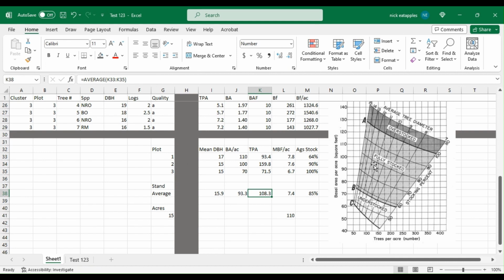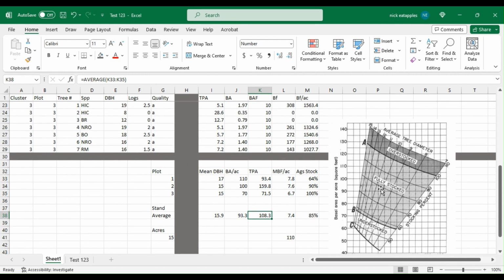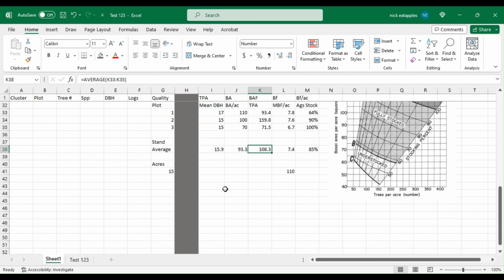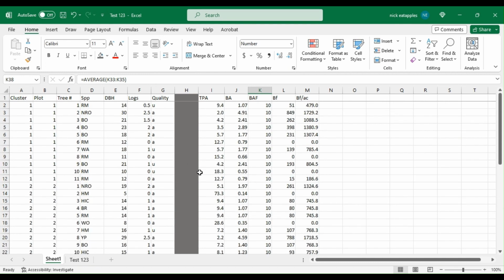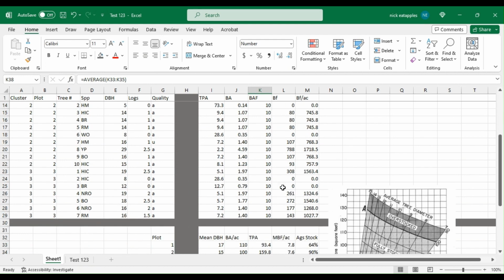And then from there, you can figure out how many trees per acre you'd want to mark for a timber harvest, or estimate growth and all sorts of things. But this is the super duper simplified forest inventory and crunching your numbers.